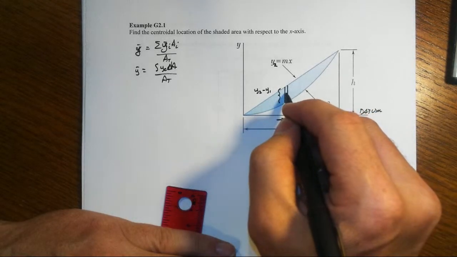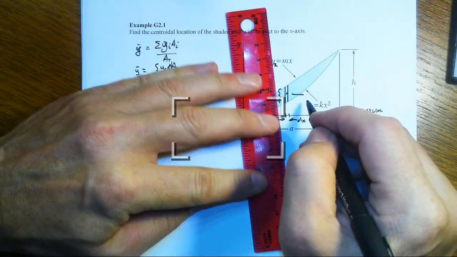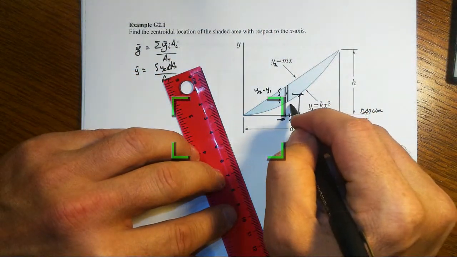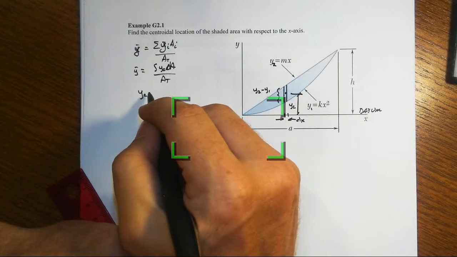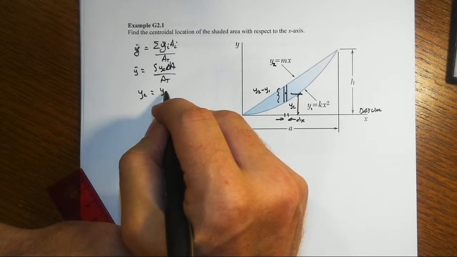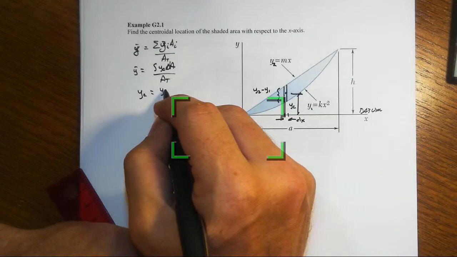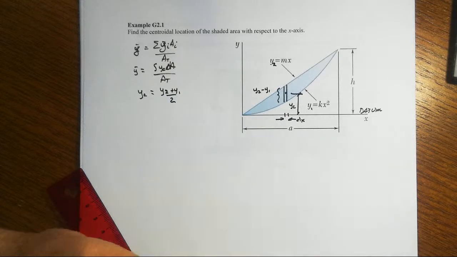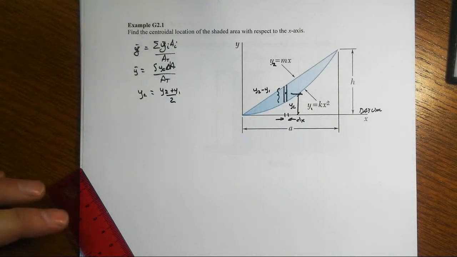And then you have to find the centroid of that little rectangle, right there. That's y sub c, and y sub c in this case would be equal to the average of y1 and y2.